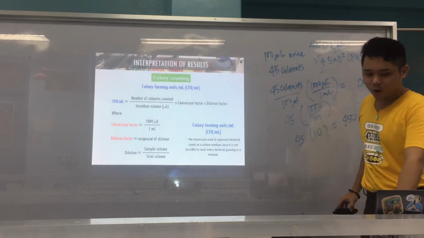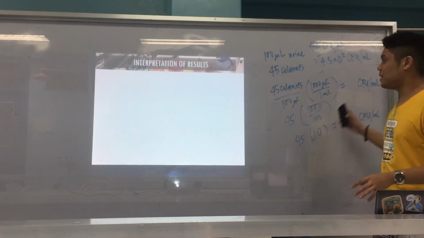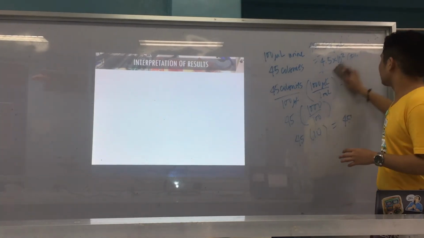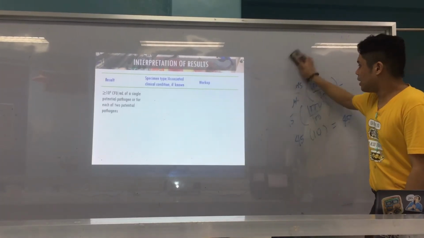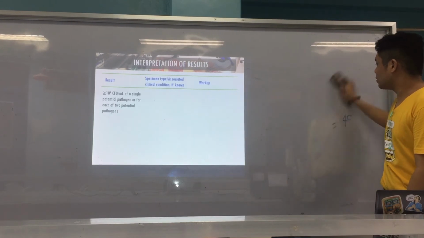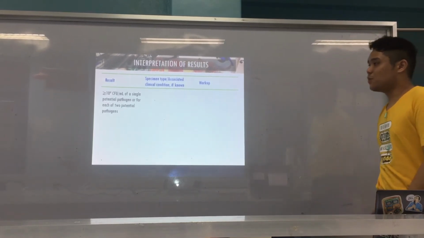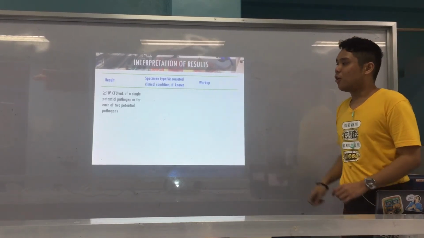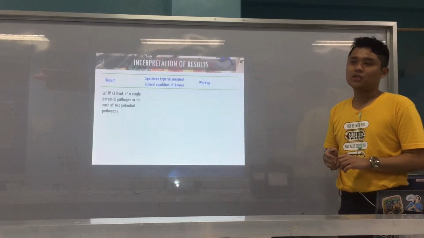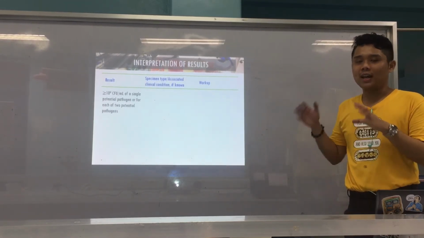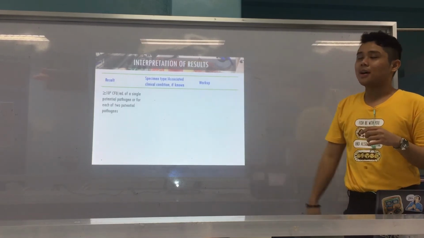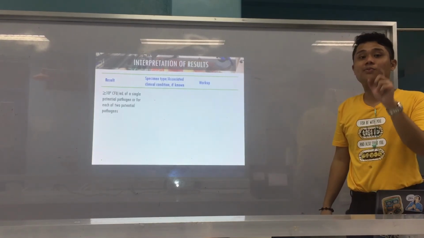Now, what do these results mean? This is where we interpret. The first one is if you have greater than or equal to 10 to the 4th CFU per ml of a single pathogen, or for each of 2 potential pathogens. For example, you isolated E. coli with a CFU per ml greater than or equal to 10 to the 4th.